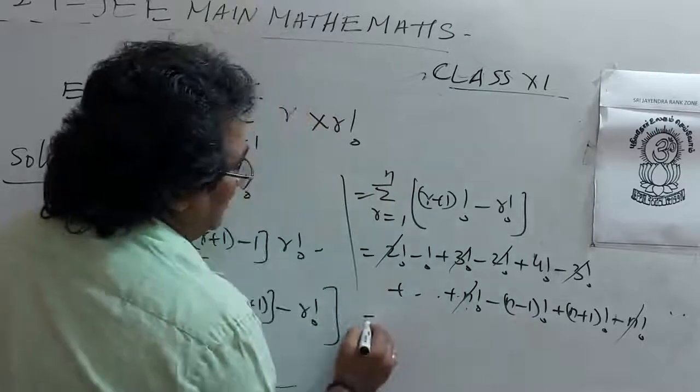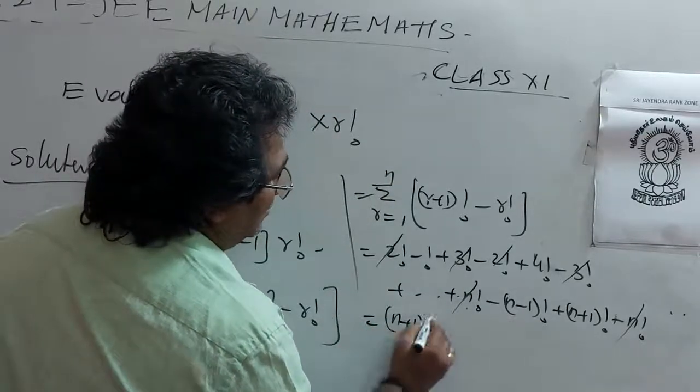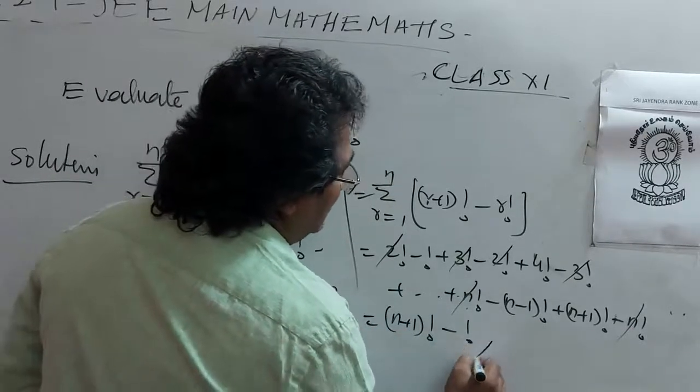This will not be cancelled: n plus 1 factorial minus 1.